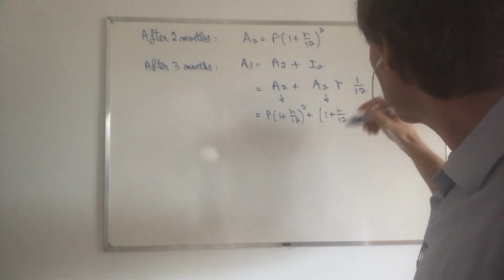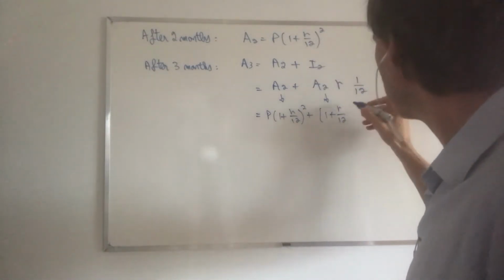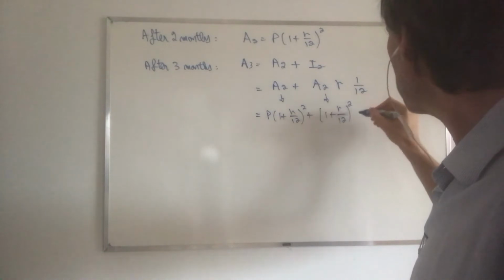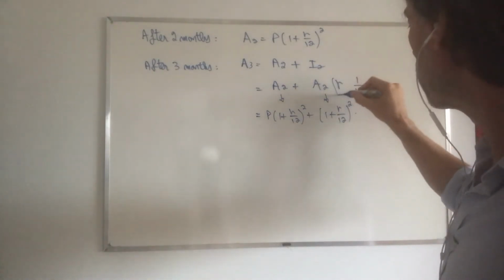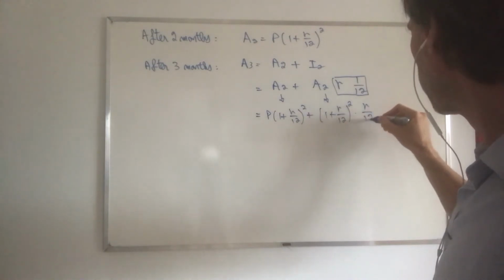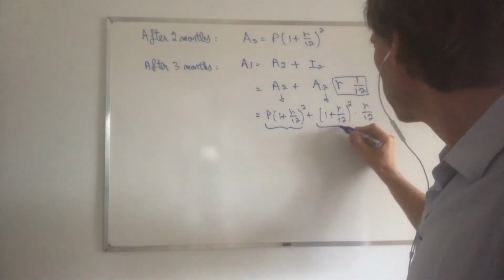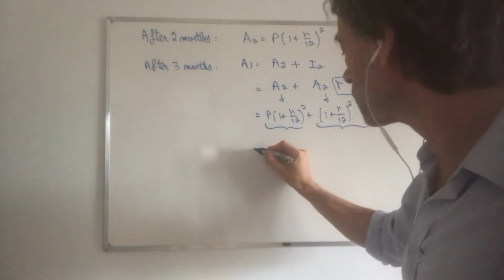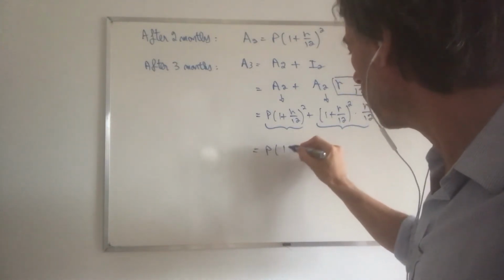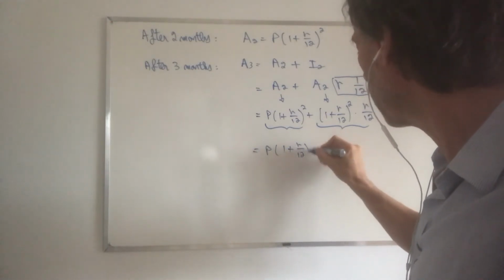To the 2 times this factor, R over 12. So once again, I have this plus this. There is something common that we call (1 plus R over 12) to the 2.